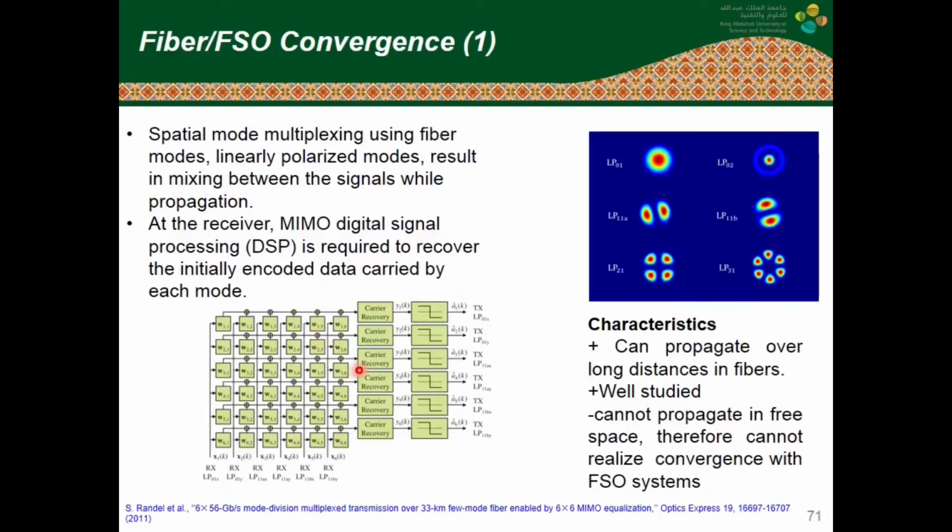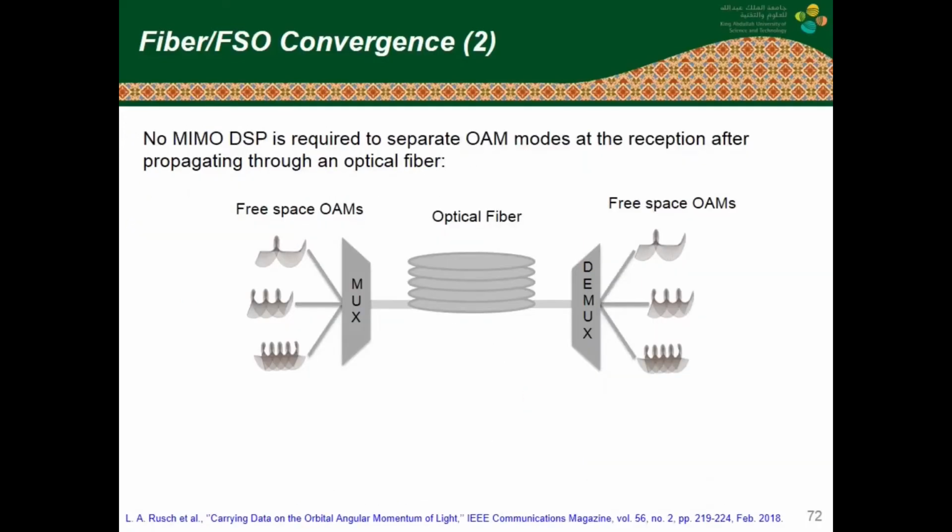And this was one of the first spatial mode multiplexing demonstrations using linearly polarized modes. However, in case of using OAMs over fibers, no DSP operations are required at the receiver to perfectly demultiplex the beams after propagation.